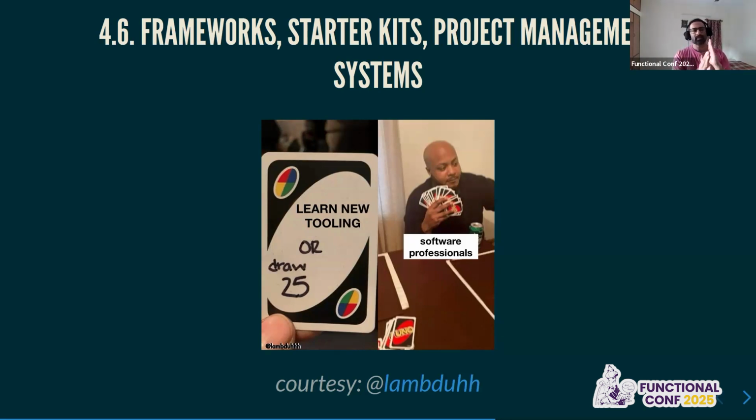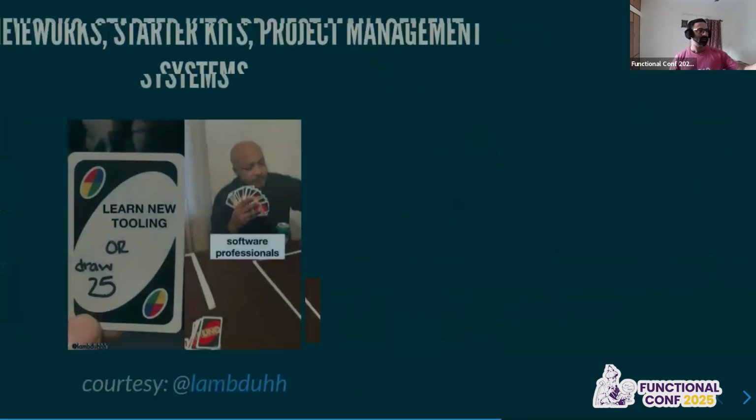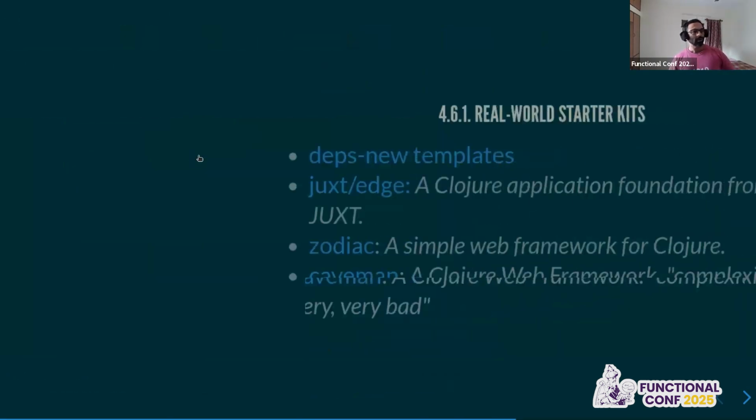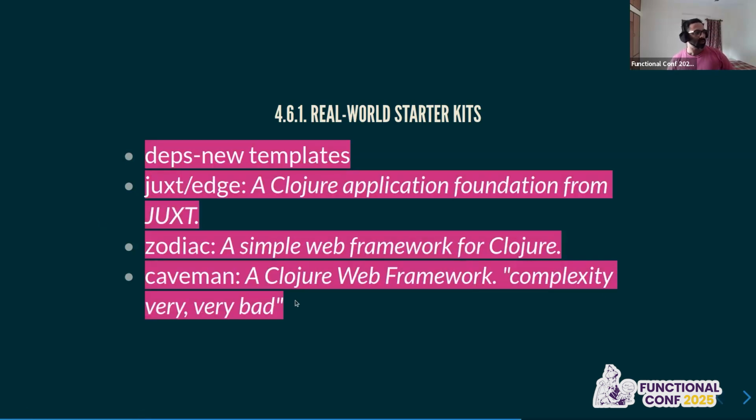The trade-off is that a lot of upfront thinking and planning is required. For that, a bunch of these frameworks and starter kits really help. Deps.new, I see Sean. Thank you, Sean, for creating deps.new, next.jdbc and a bunch of other very cool things. Polylith. He's also doing a lot of work on documenting explanations for Clojure.